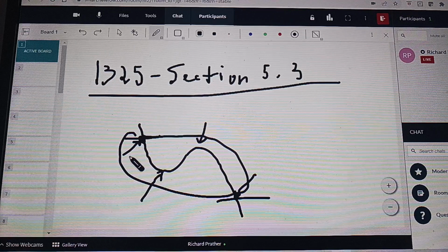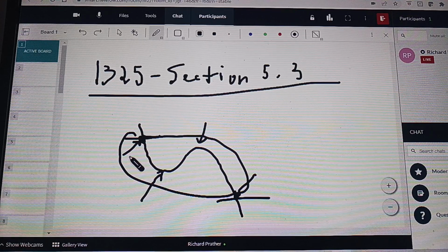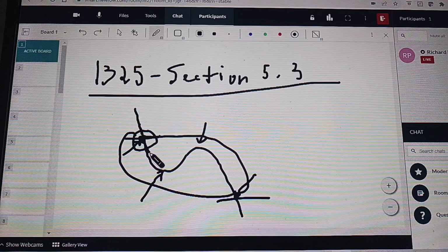So there's actually a section coming up later where we call that an absolute maximum, not just a relative maximum. Most books don't call this a relative maximum because it's not increasing on one side and decreasing on the other. It's decreasing on both sides at that point. It's not even a critical number either.